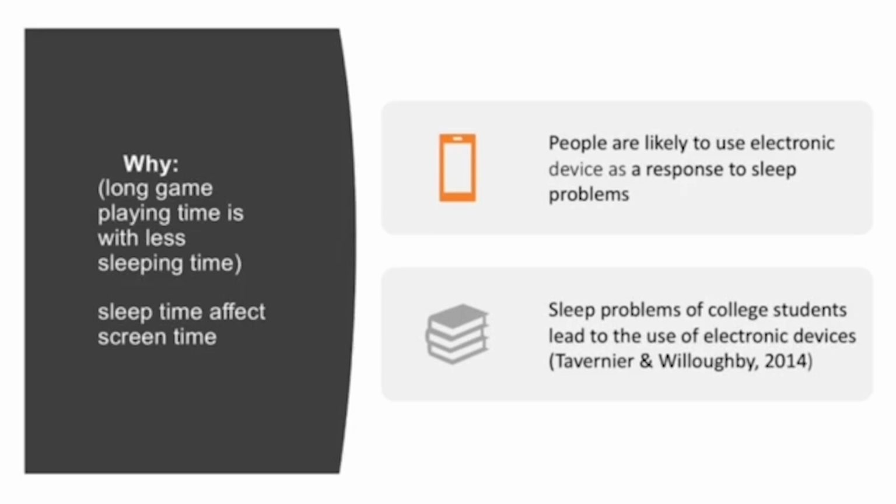First, it suggests that electronic media use is a result of sleep problems rather than a cause. Second, people are likely to use electronic devices as a response to sleep problems. Sleep problems of college students lead to the use of electronic devices, and many even lead to SNS dependence and iPod dependence.